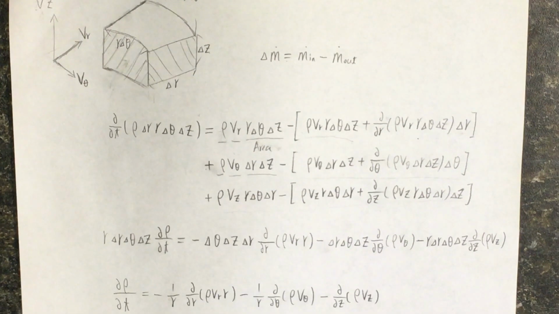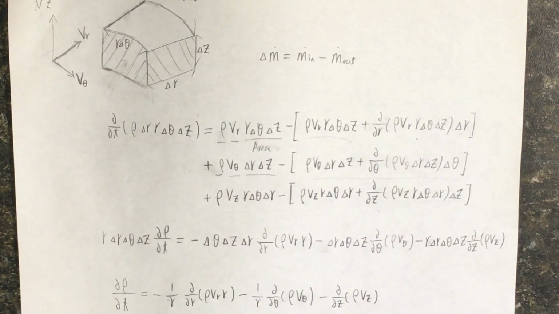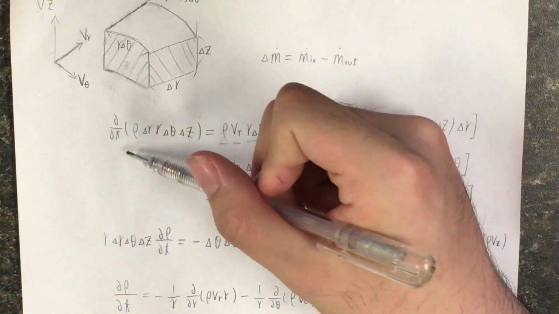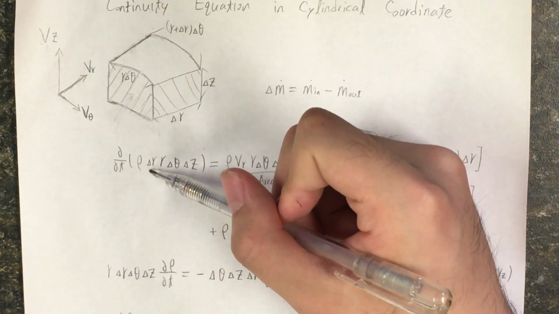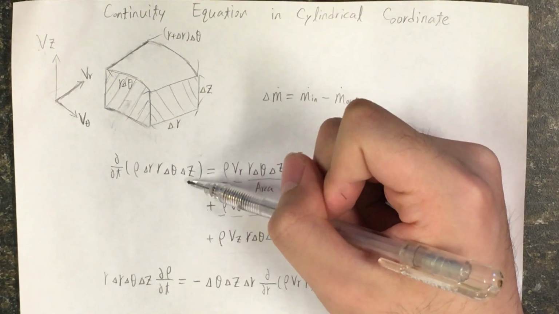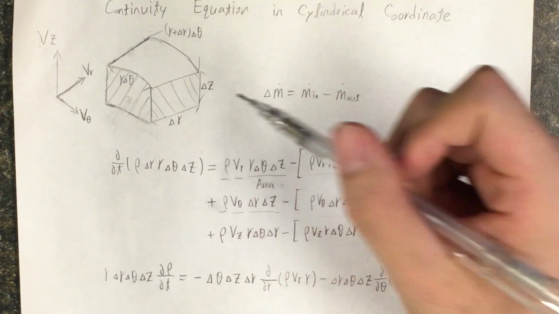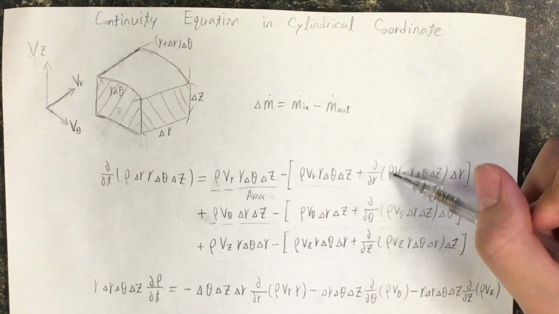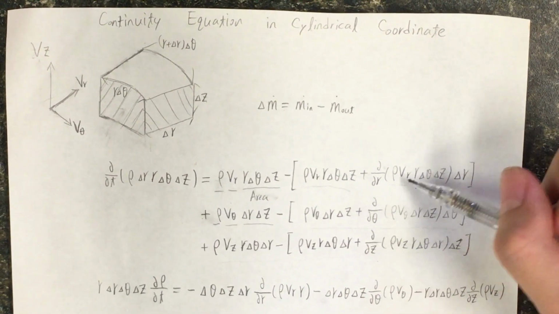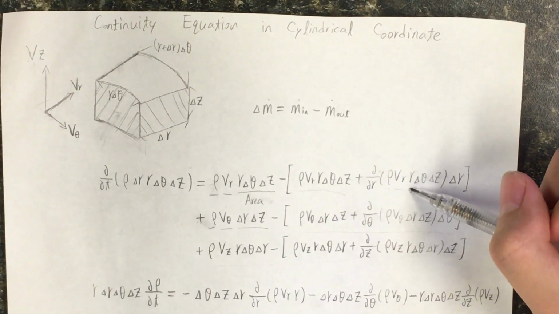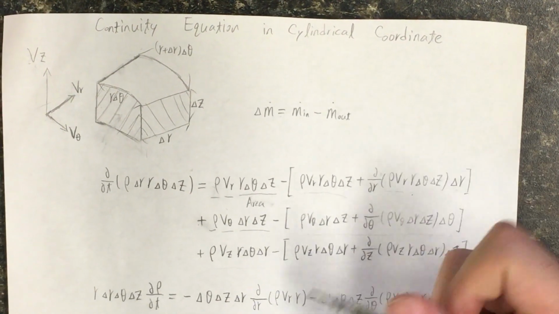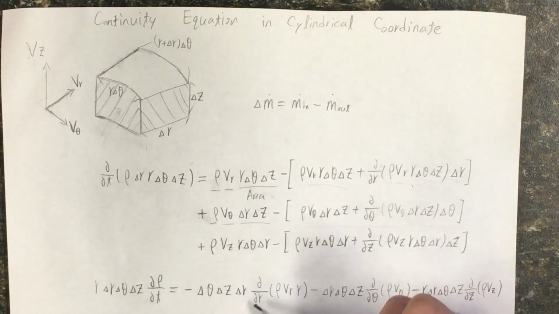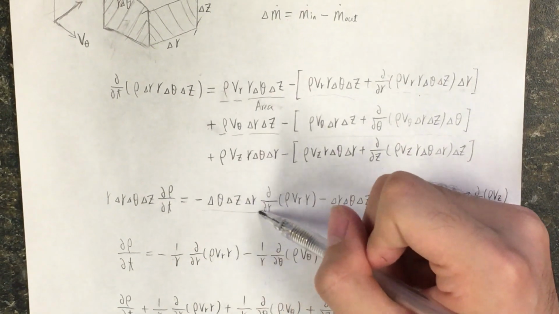Next, we take everything constant out of the partial derivatives. So for partial t, delta R, delta theta, delta Z, they are all constant. And for the R direction, rho, VR, R are the only things dependent on R. So we take delta theta, delta Z, and delta R out of the equation, which would look like this.